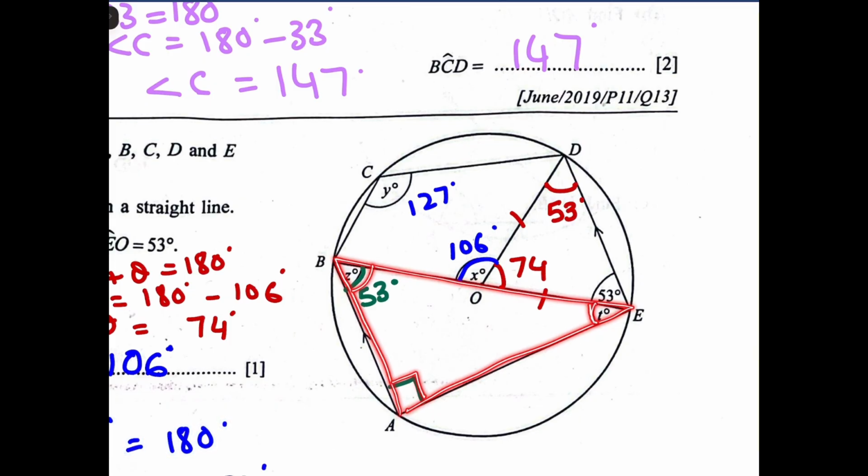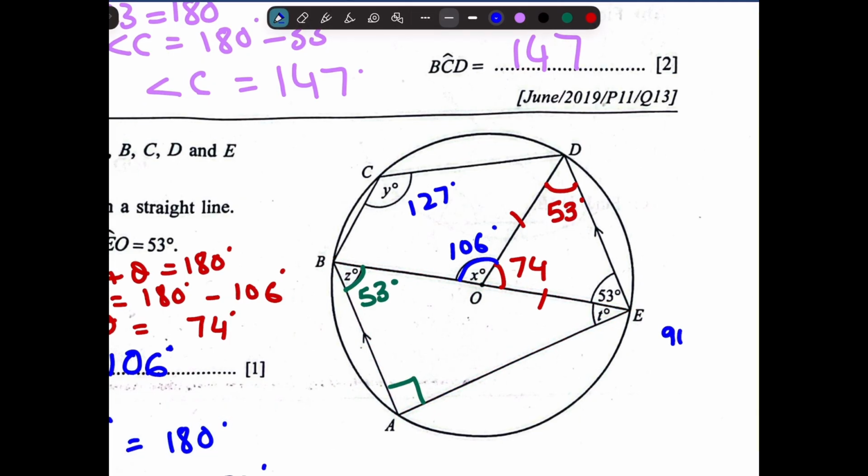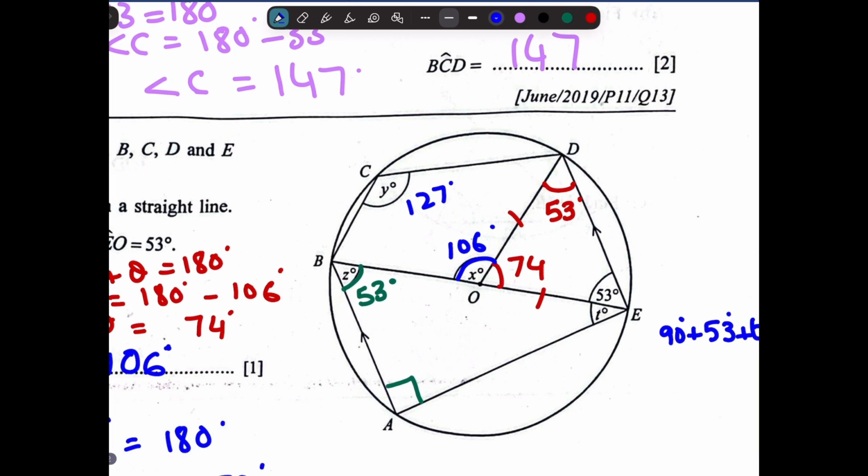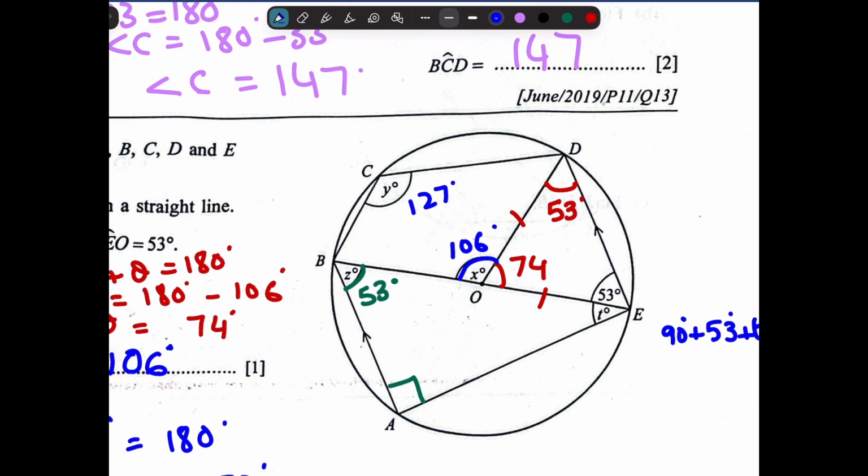We can figure out t. So 90 plus 53 plus t should be equal to 180, right? So t is going to be equal to 180 minus 143. T is 37 degrees.